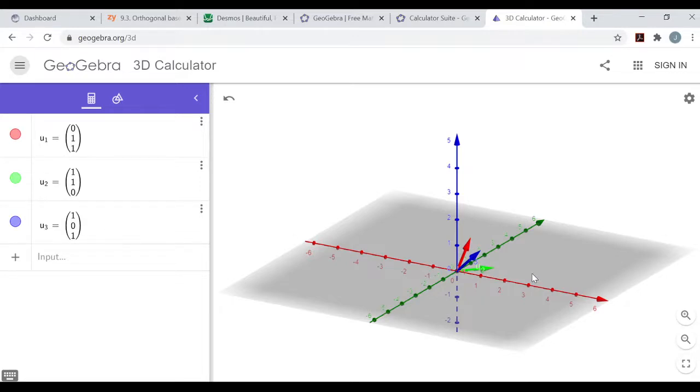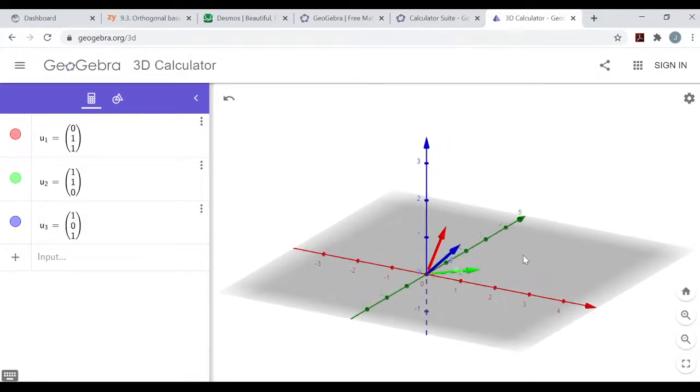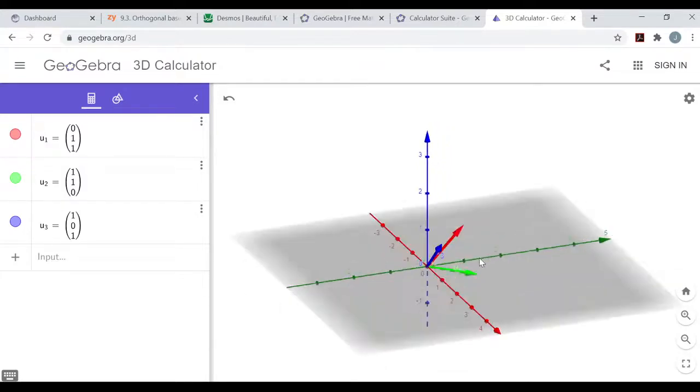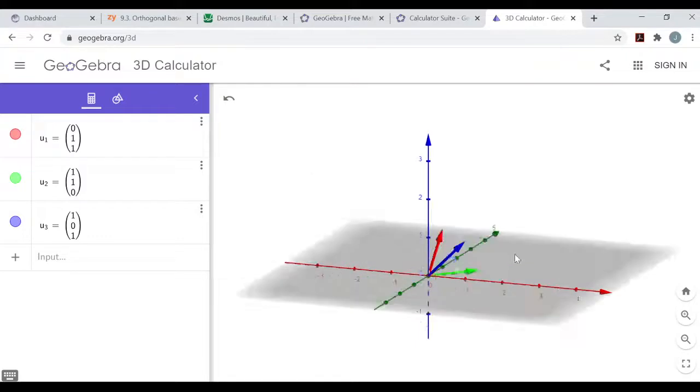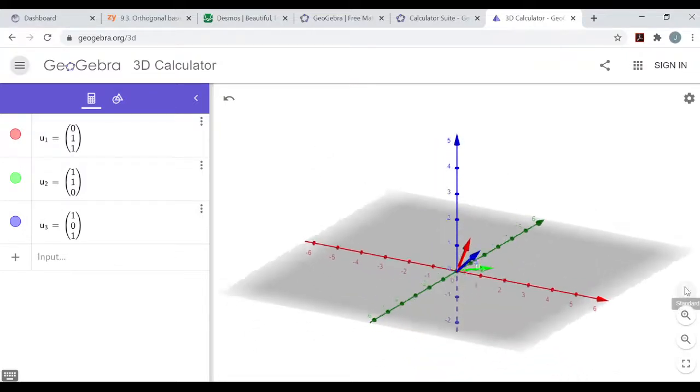And you can see, looking at this set of vectors here, that they're not orthogonal, right? I mean, they point in different directions, sure. You can scroll around here and see that they point in 3 different directions, so they do form a basis for R3, but they're definitely not orthogonal. Hopefully it's clear to see from this picture. Now, remember, I'm going to keep U1.